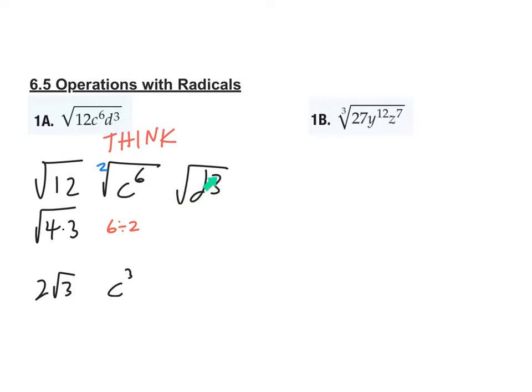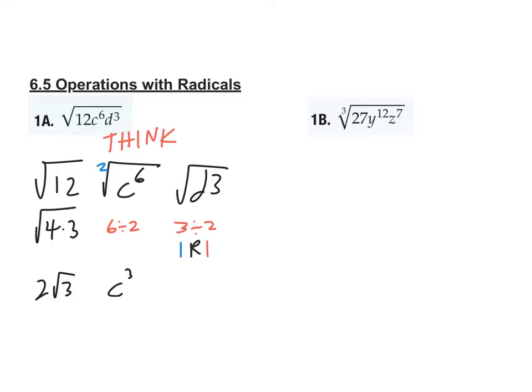Here's the part where it gets a little bit different. I've got 2 there, and I'm going to divide 3 by 2. I'll write it in there in case you need it. It doesn't go in evenly, so we write it like old school division. 2 goes into 3 one time, remainder 1.